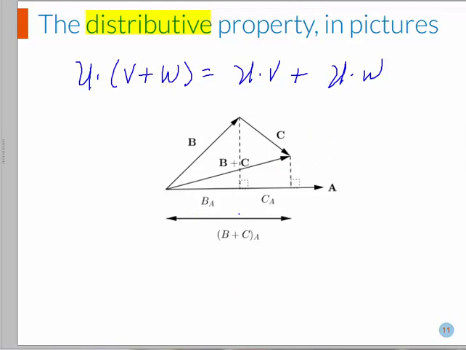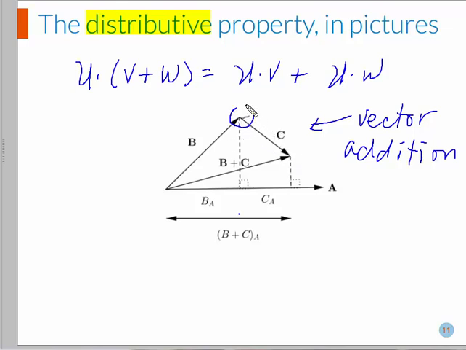This is a graph showing vector addition. So this is coordinate-free vector addition, where we just put the vectors tip to tail, or vice versa. So here's our vector b, and we had a vector c, and by putting c at the tip of b, we create that vector b plus c.